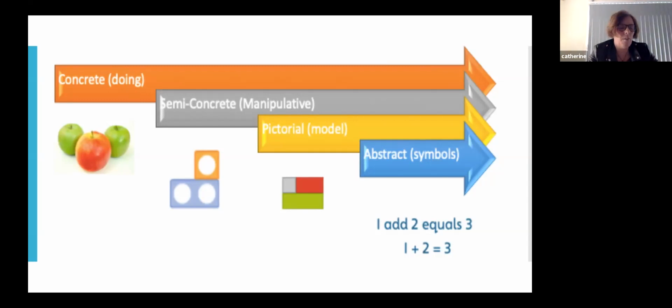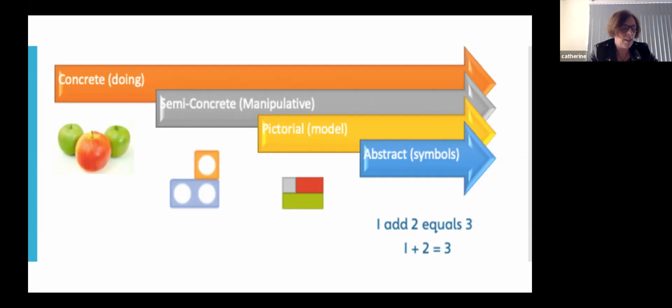A lot of time is spent on the concrete stage, as it's not until children have explored the concept that they can explain it. In the pictorial stage, children use pictures, models, or diagrams to describe their thinking. And this is a way of making mental images that help them in the following stage.